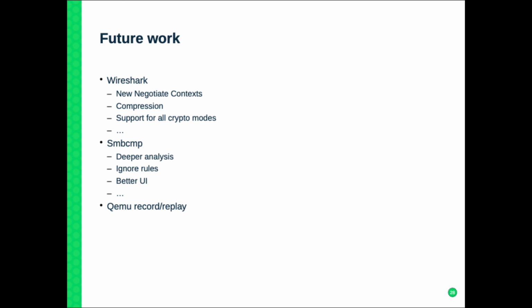This is future work, something that could be done in the future. Oh, all right. Decryption is already in 3.0. Yeah, that's been there for a little while. Right. And the compare tool is not part of Wireshark. It's a separate program on top of it. I should have put a link to it, but you just type SMB CMP and it's on GitHub. Yeah, I've seen that.